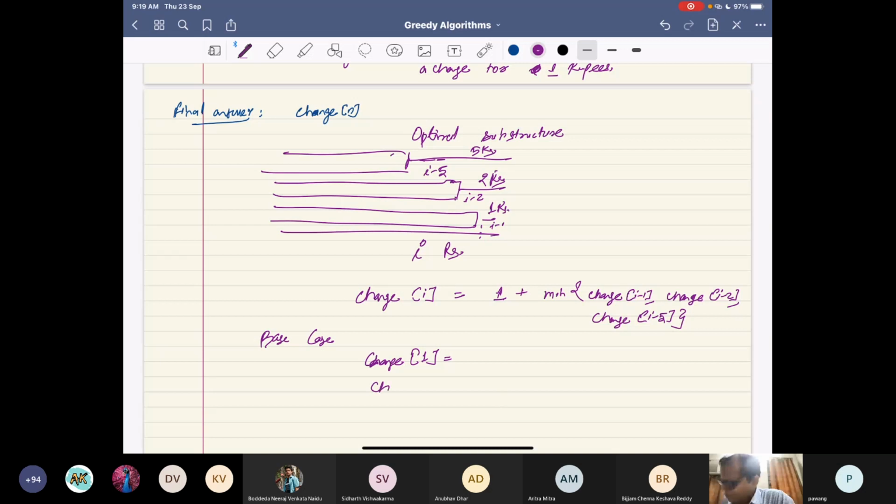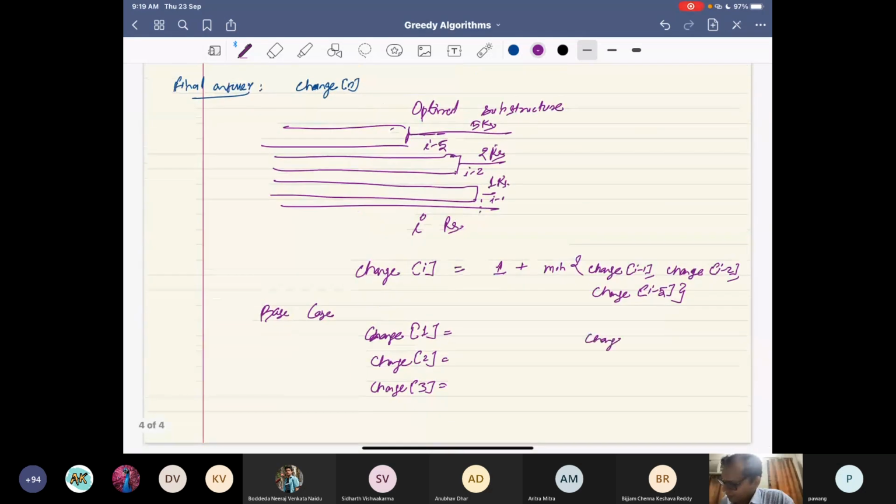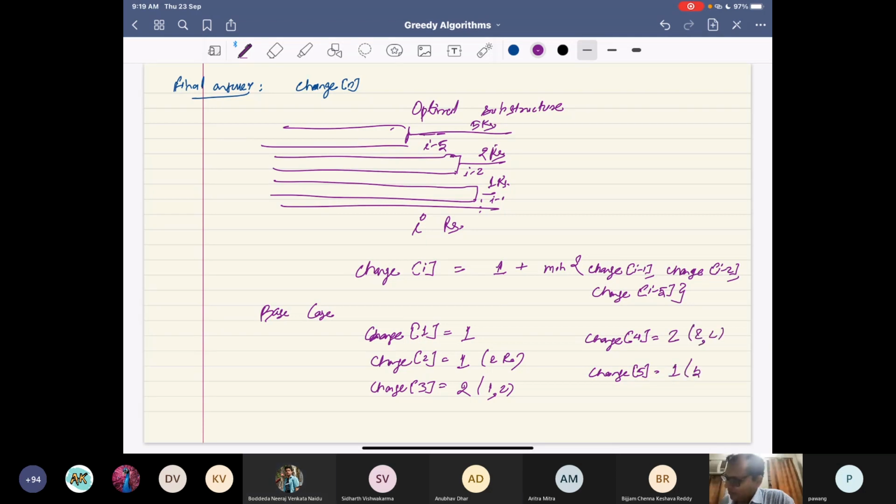Change of 1 is 1. Change of 2 is also 1, I will use a 2 rupee coin. Change of 3 is 2, which is 2 and 1. Change of 4 is 2, which is 2 and 2. And change of 5 is 1, a 5 rupee coin. So base cases are done.